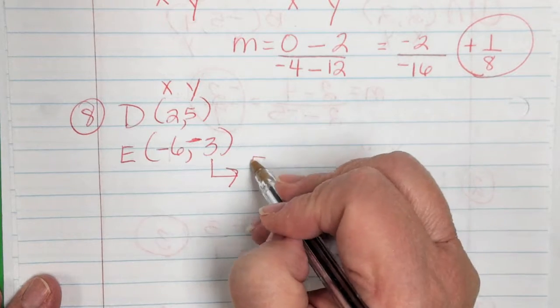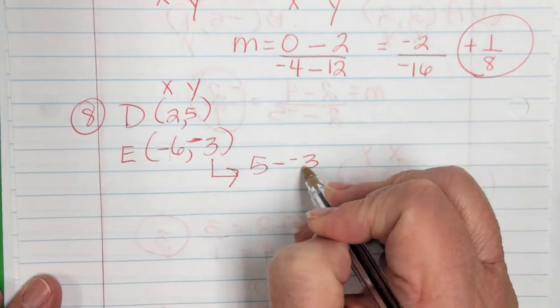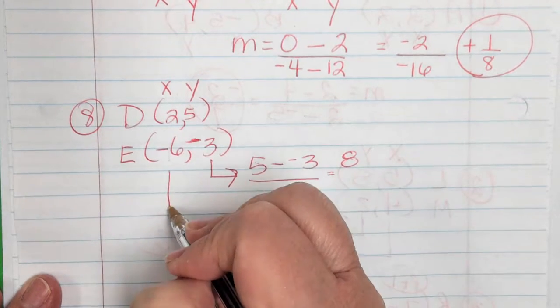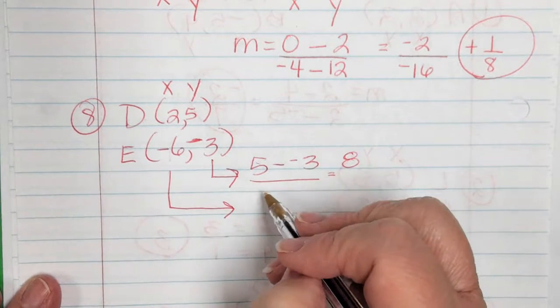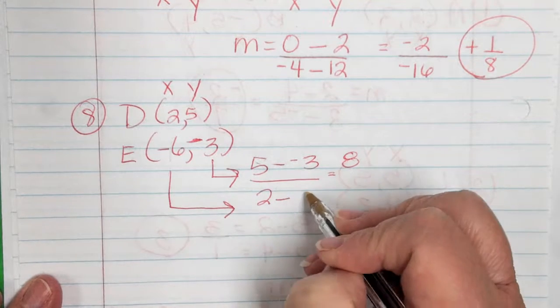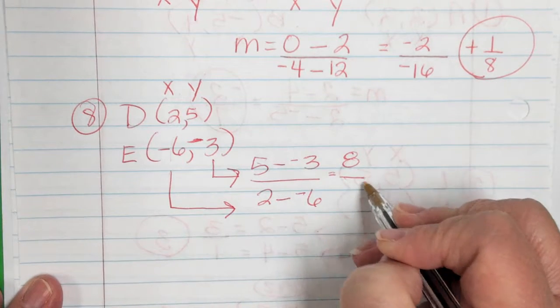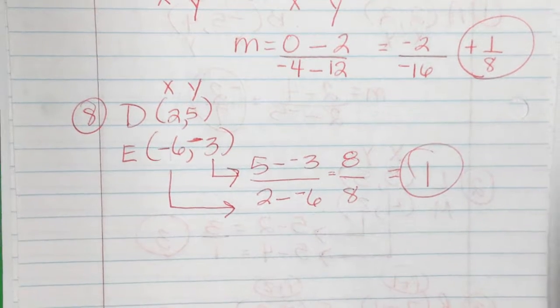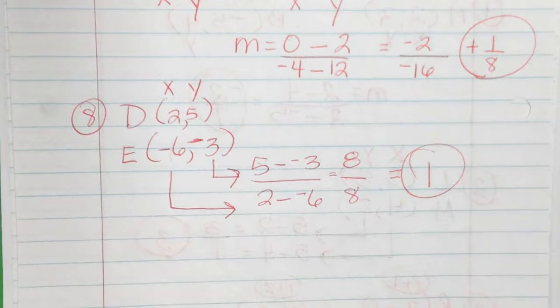So 5 minus negative 3, that's 8. Now for the x's. 2 minus negative 6 is also 8, which simplifies to positive 1. Alright. You can use the stack and subtract method, but you do have to be able to use the formula.